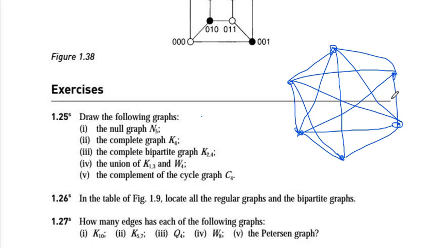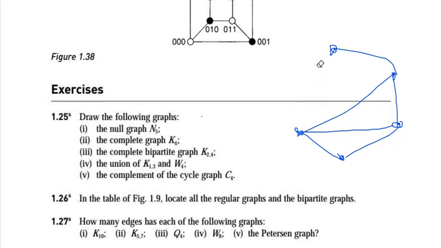Anyone remaining? No. Okay, so each vertex is connected with each vertex. It's called complete. After a complete graph, you cannot draw any new edges between vertices. So this is a complete graph.